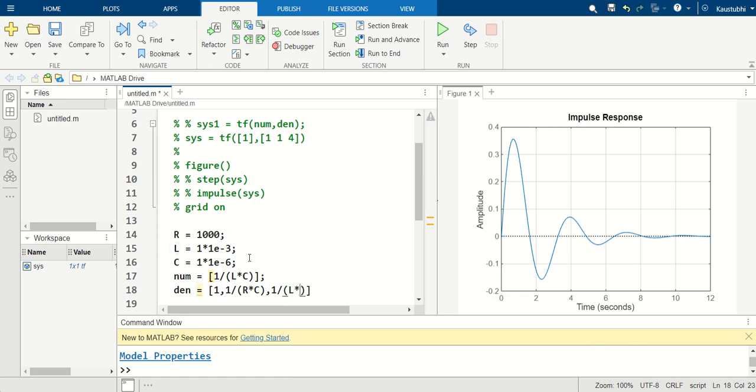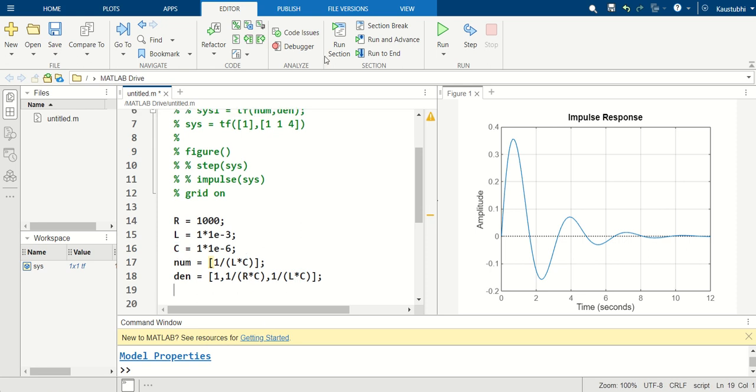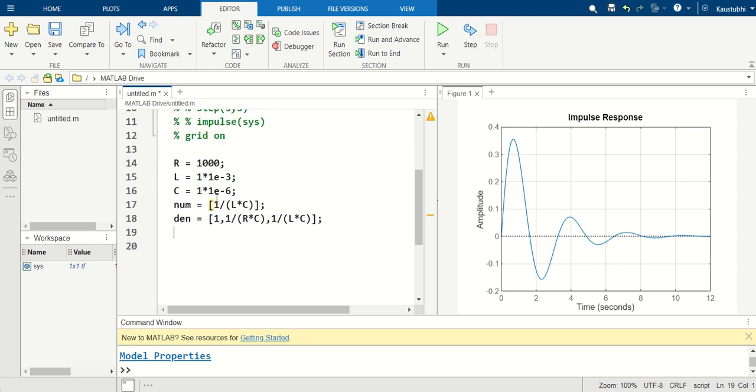So we got the coefficients of numerator and denominator by calculating from the given values of resistor, inductor and capacitor. This is the advantageous method because if you want, you can vary the values of resistor, inductor and capacitor, and your numerator and denominator will automatically get calculated. So you don't have to calculate each and every time and put the values.